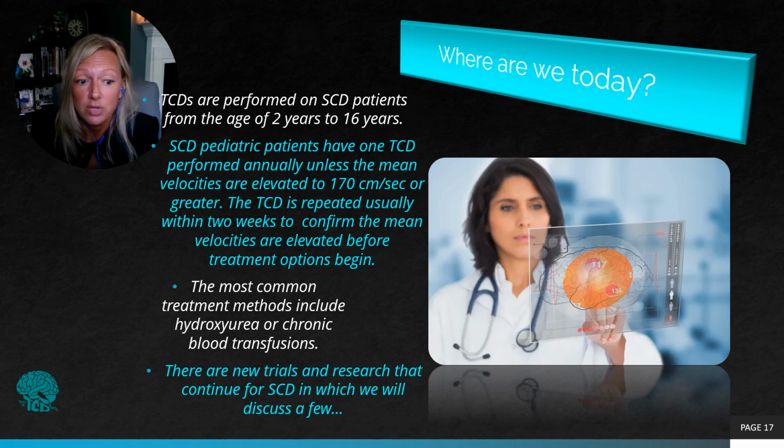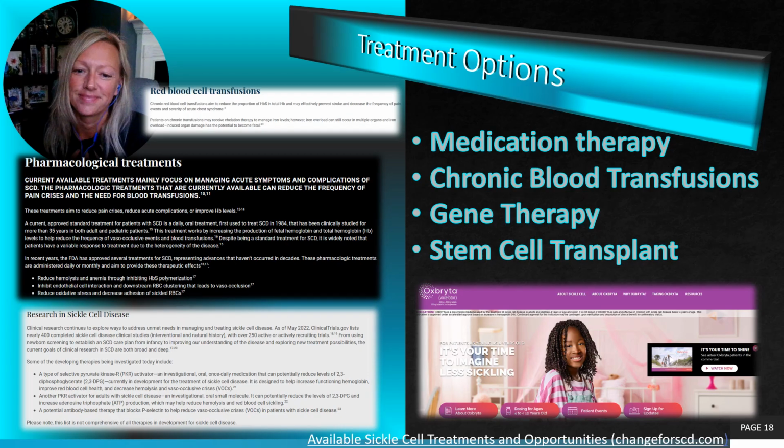Now, the most common treatment options have been hydroxyurea and chronic blood transfusions. However, we have more treatment options that we are going to discuss in the next slides. The multitude of treatment options that we have today for sickle cell disease include, as we mentioned, red blood cell transfusions and hydroxyurea, the medication therapy, chronic blood transfusions, gene therapy, and stem cell transplants.